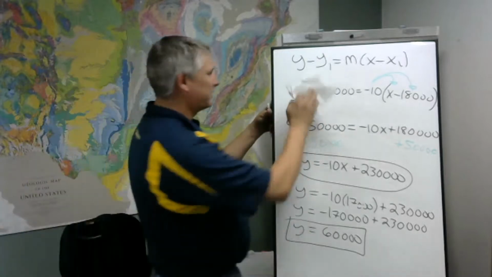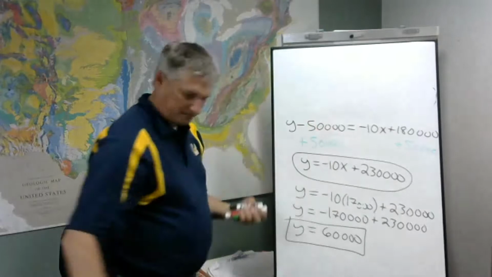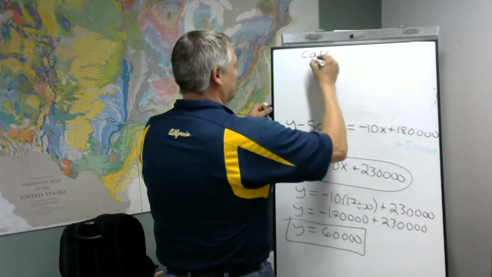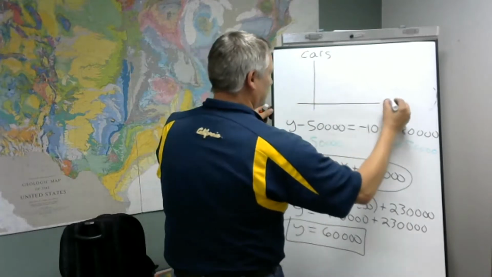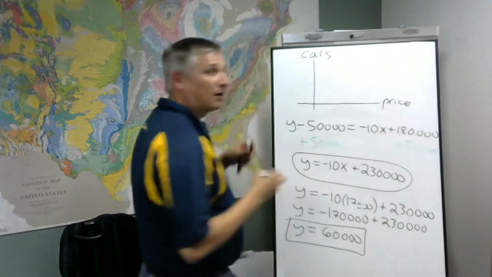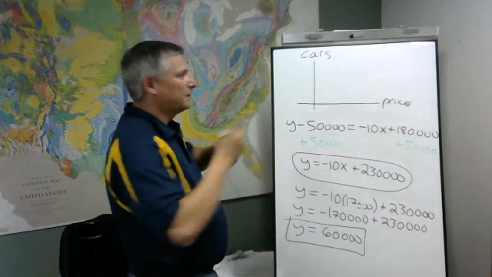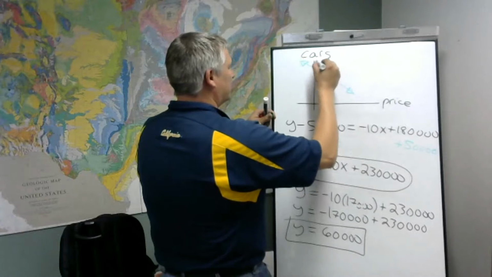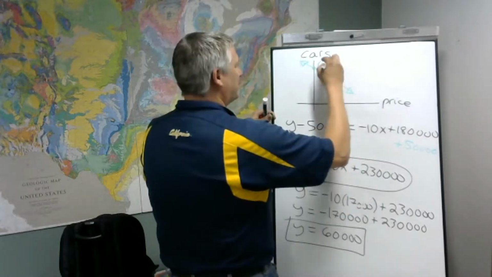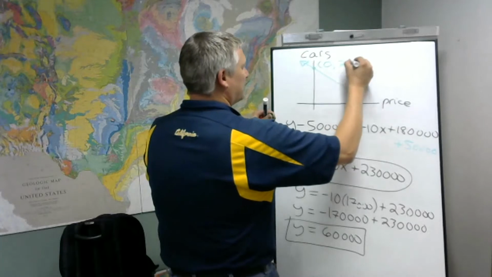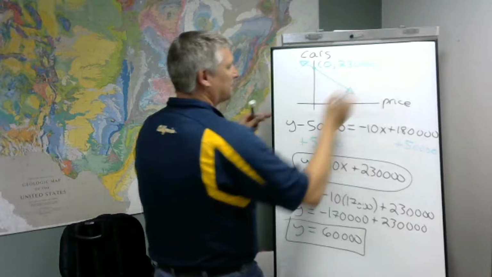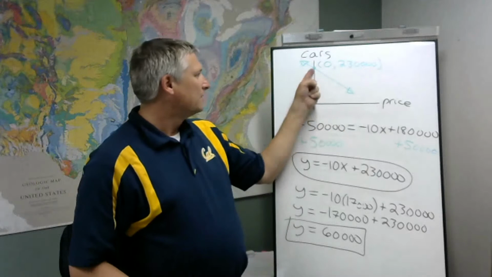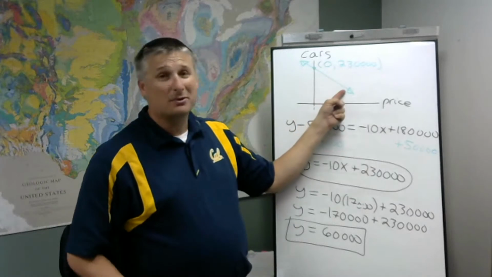So to illustrate graphically what we had: cars and price, and our line's doing this. Here, this is the y-intercept of 0, 230,000. And so as the price increases, the number of cars decreases.